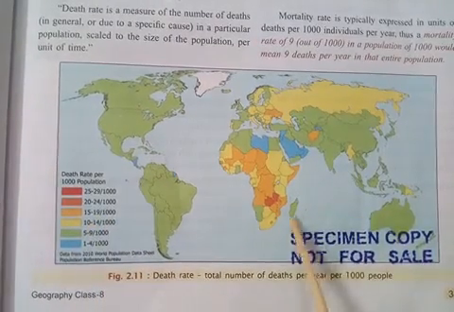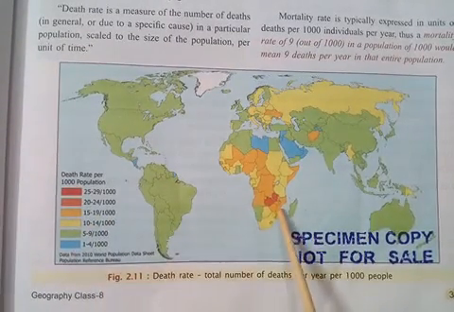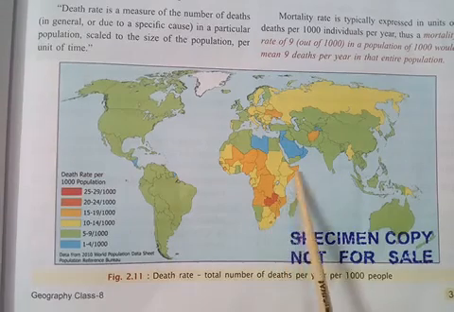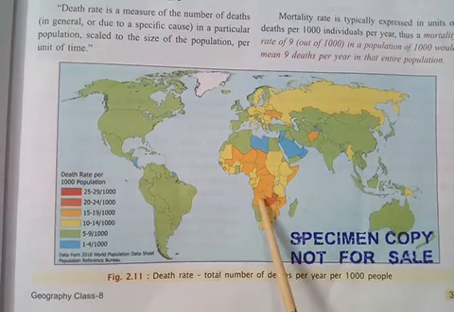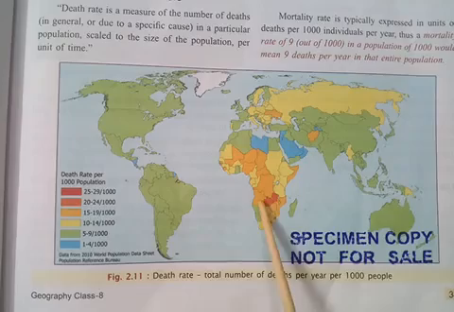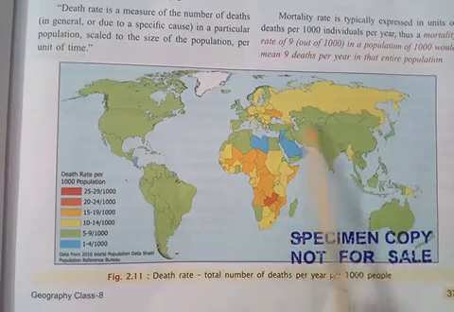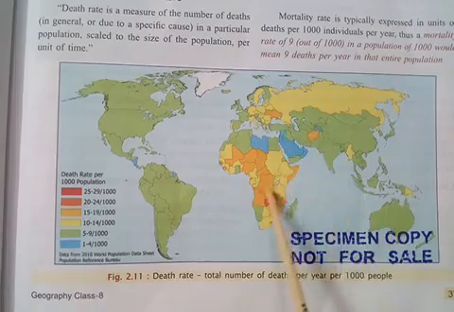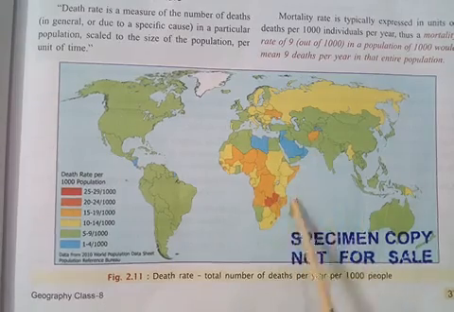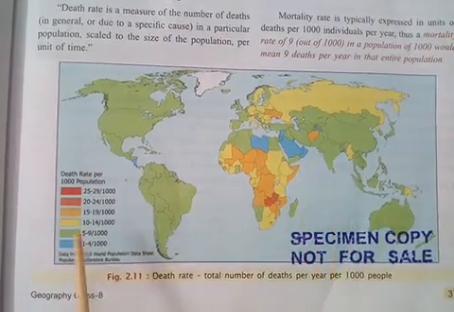Then there are many countries shown in orange color in Africa, especially in the central part of Africa. Now how much mortality rate do all these countries have?